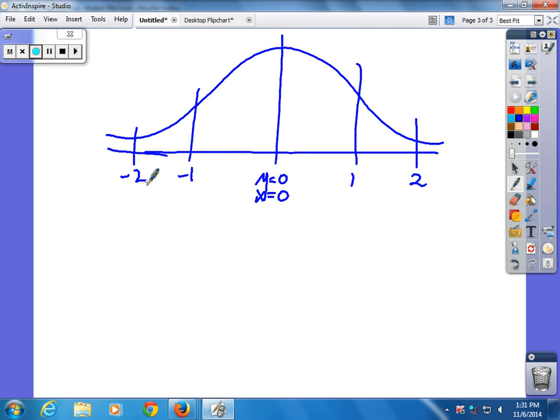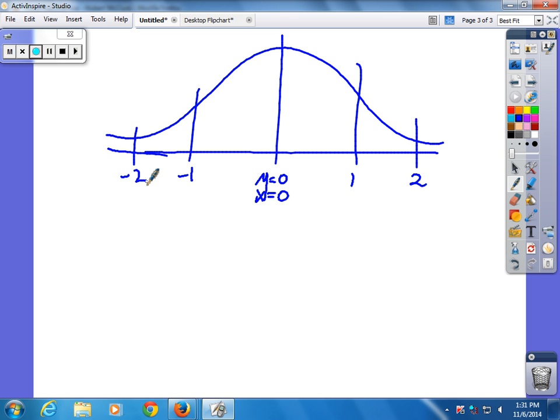I want to talk about a couple of things about this normal distribution just to knock the cobwebs loose. Remember me telling you how to read this like a gas tank? This is about 25%.